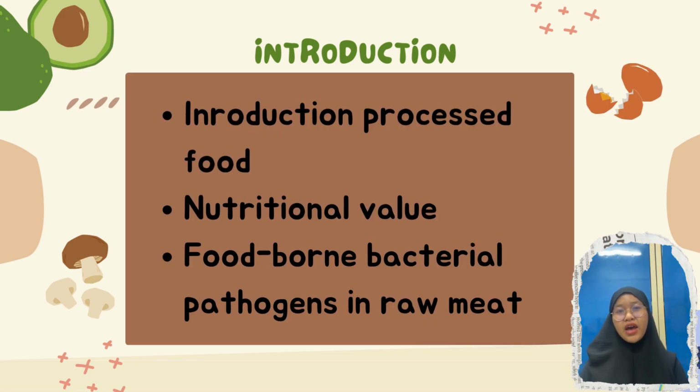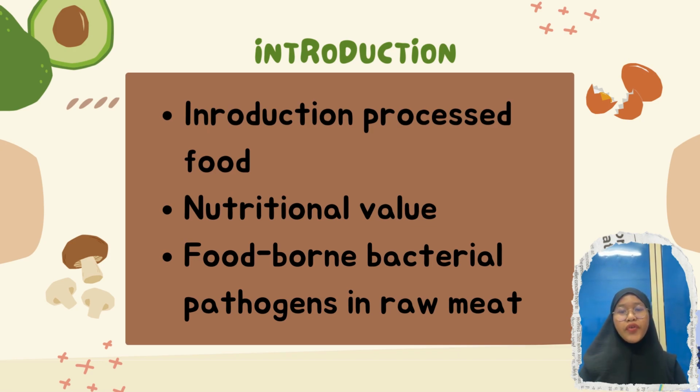Processed food is any food that has been changed in some way during preparation, which can be basic, such as freezing, canning, cooking, and drying. Examples of processed food are cereal, cheese, bread, sausage, biscuit, soft drink, and so on.